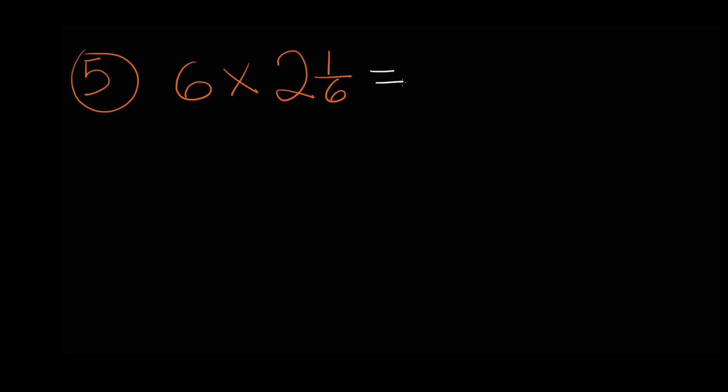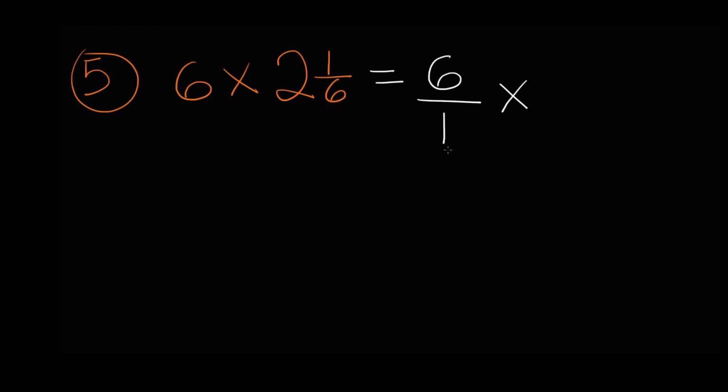Let's take a look at one more example, and then I will give you one problem set as your homework. 6 times 2 whole number 1 over 6. How do I solve this problem set? You will agree with me that I can rewrite this problem set as this. 6 is a whole number, which is the same thing as 6 over 1, right?